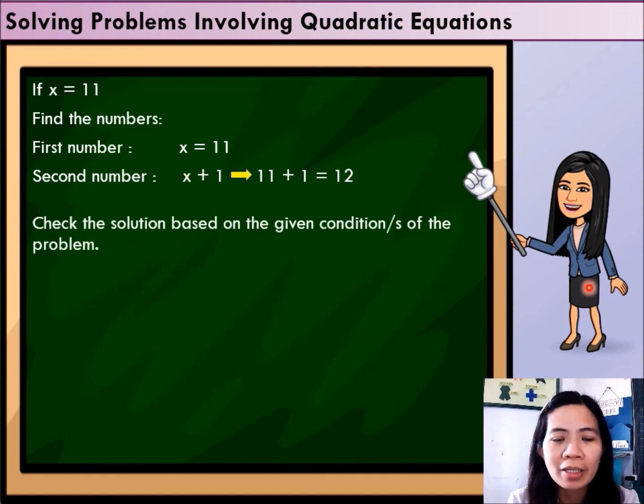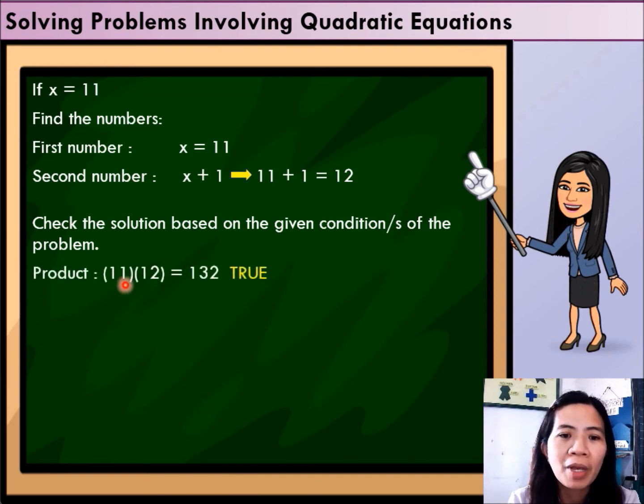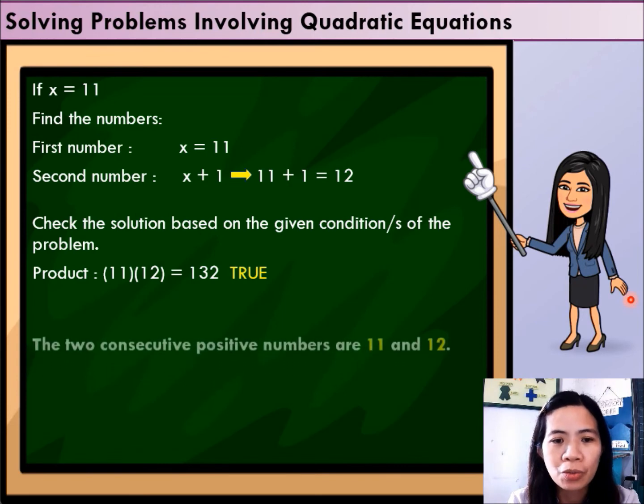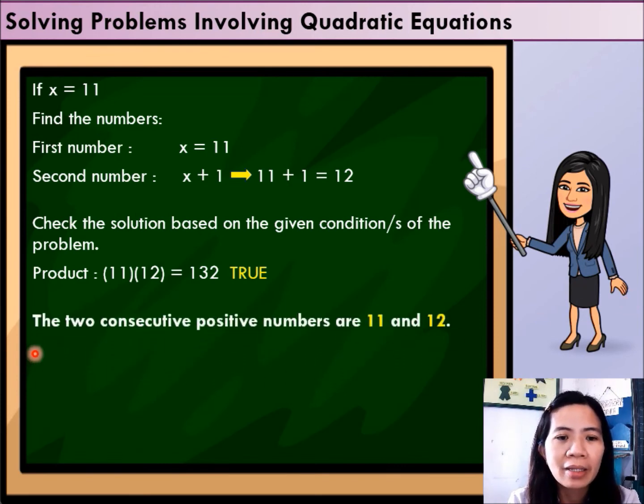To check the solution based on the given conditions, remember the product of these two numbers is equal to 132. So we check 11 times 12 equals 132, which is true. So we can say that the two consecutive positive numbers are 11 and 12. So this is now our answer.